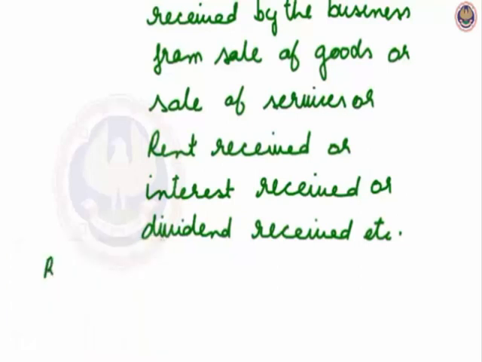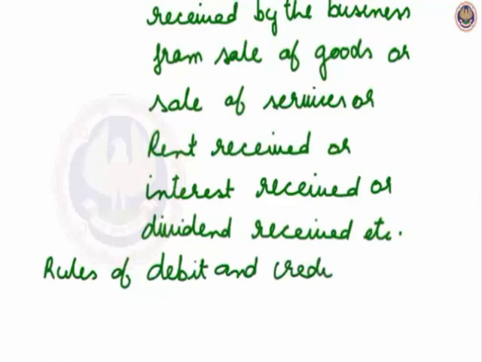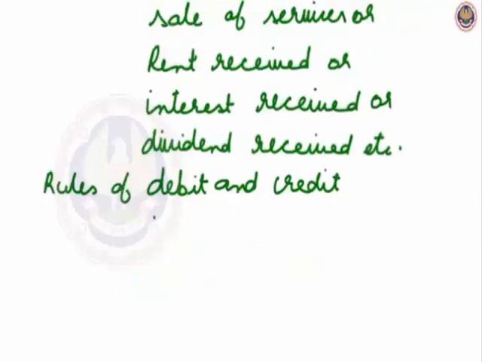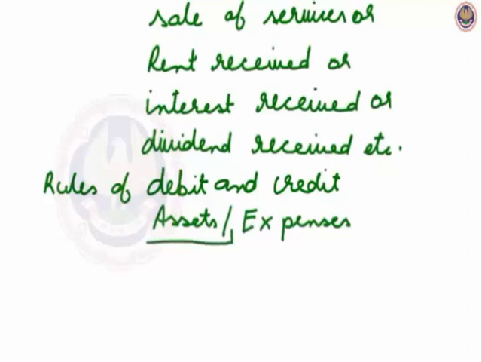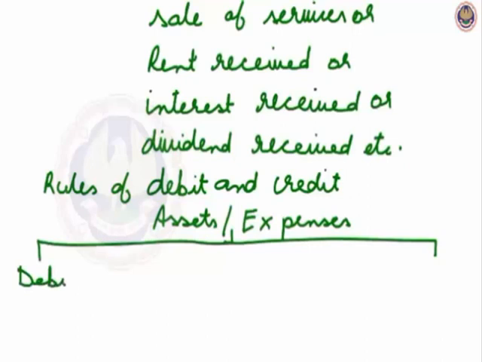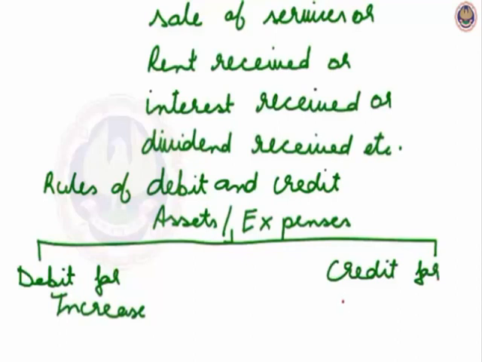And the rules of debit and credit for this approach are, for assets and expenses, there is one rule, that is debit for increase and credit for decrease.